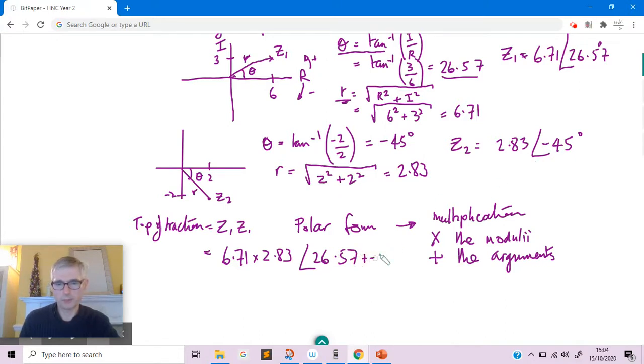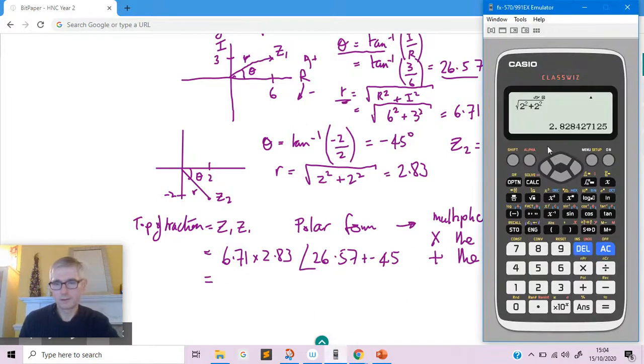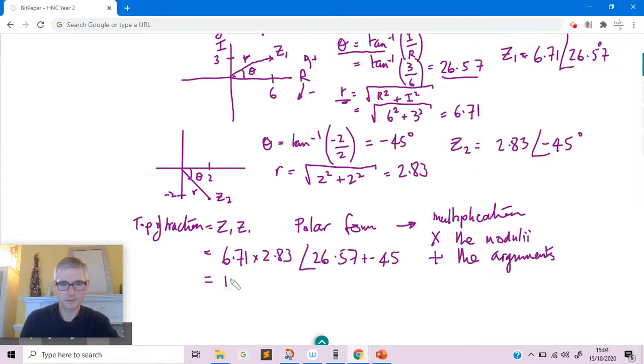I'll just put a plus and minus there, but we can see we're adding a negative number. So adding 45 degrees. And so we just need to work that out. 6.71 times 2.83. So we get 18.99, I'll call that. If I round that up to 2 decimal places, 18.99.